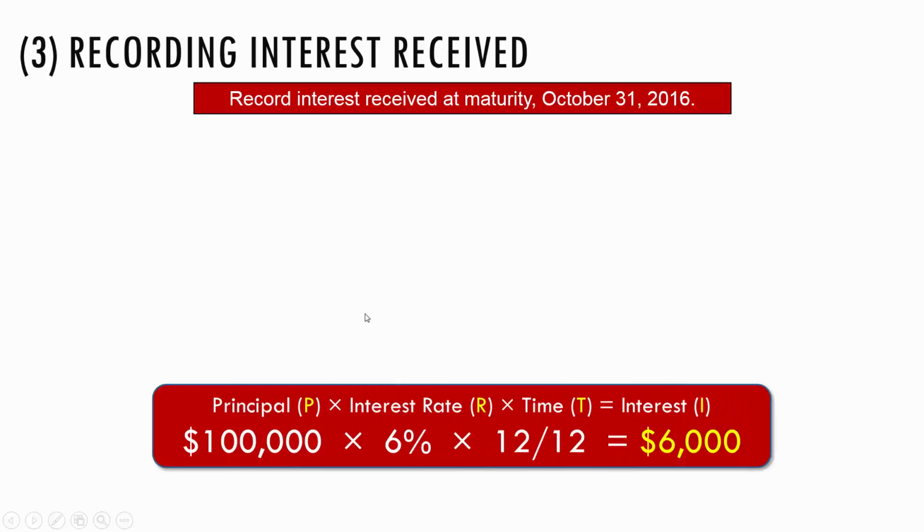Now when, at the end of the time period, we are actually paid, the total amount of cash interest we will be receiving is $6,000. It's 6% of $100,000, and it went for a whole year. It was 2 months in our first fiscal period, and it's 10 months in the next fiscal period.